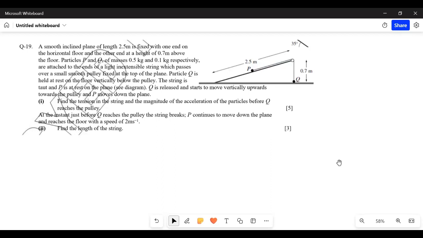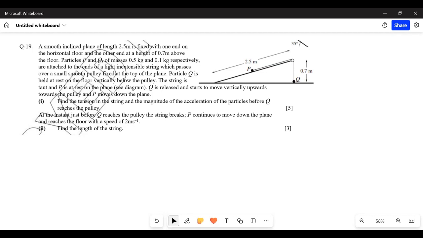Particle Q is held at rest on the floor vertically below the pulley. String is taut and P is at rest on the plane. Q is released and starts to move vertically upward towards the pulley and P moves down the plane. Find the tension in the string and the magnitude of acceleration of the particle before Q reaches the pulley.